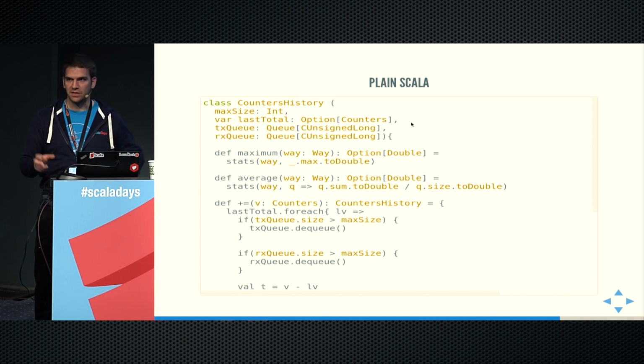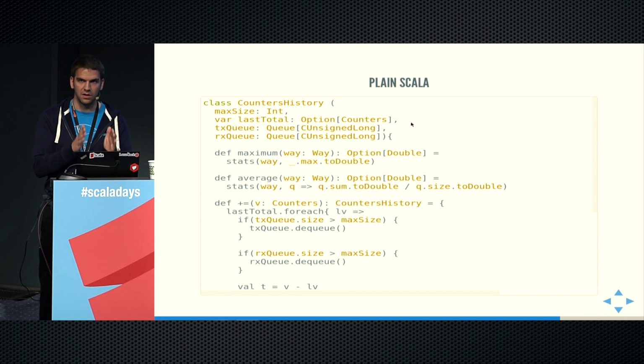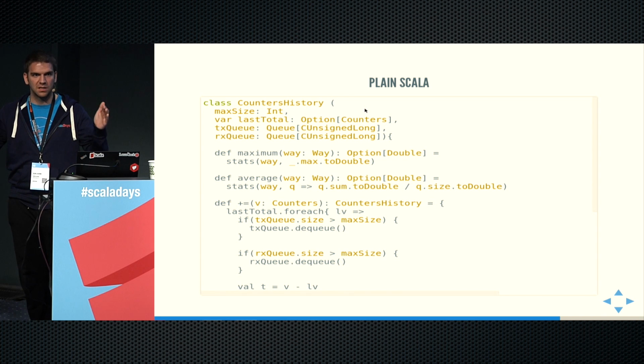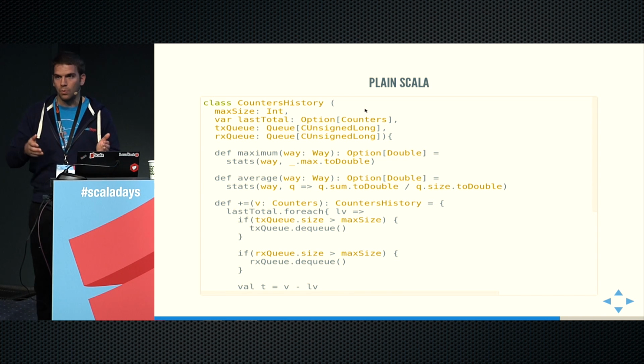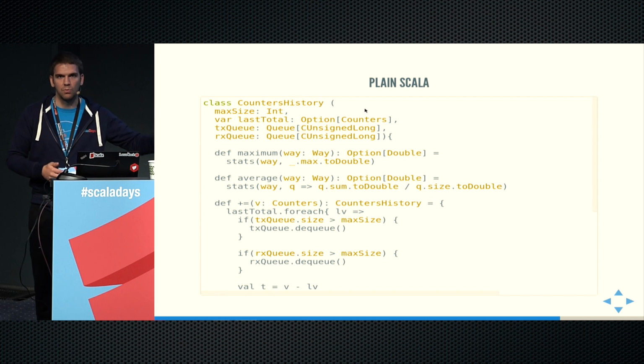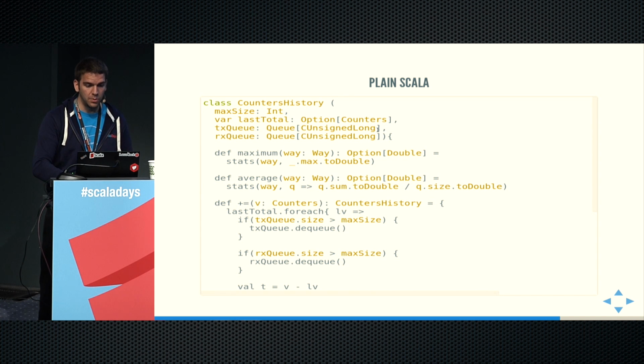This data structure has two queues, and those queues are bounded to a certain length. Because when we render on the screen, the screen has a fixed length, and we want to accumulate values, and then the past is just history. We don't care about the past. We just care about a certain window size. And this is what we do here.